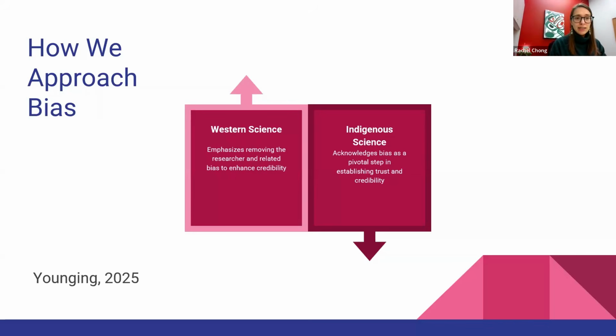In Indigenous science and Indigenous information and knowledge custodianship, it's vital that we acknowledge who we are, where we come from, what our responsibilities are, and we acknowledge our bias and our limitations as well. This is what helps us establish trust within our community and within our circle of influence.